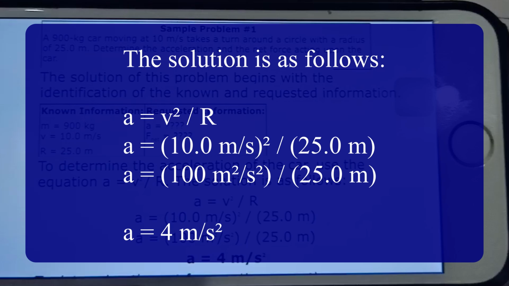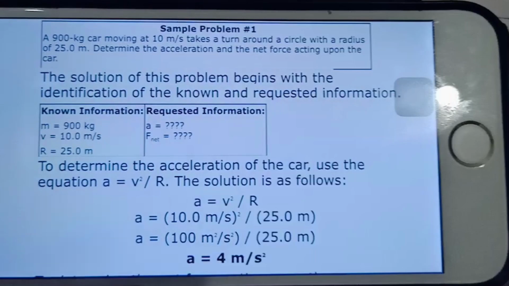Square the 10 meters per second and it will be 100 meters squared per second squared divided by 25 meters, and a is equal to 4 meters per second squared.